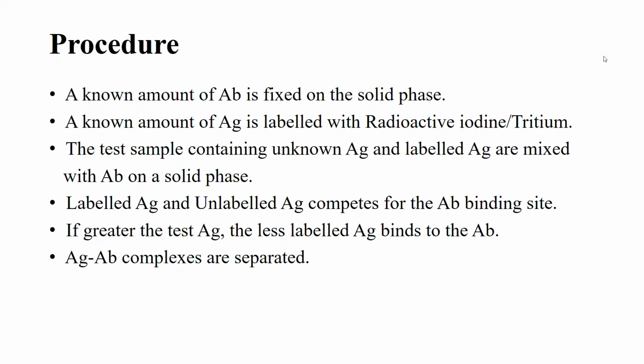Along with that, we also use charcoal, cellulose, chromatography, or a solid phase technique for the separation of antigen and antibody complexes, because that will help to form a standard curve which has an increasing concentration of unlabeled antigen to a fixed quantity of labeled antigen and antibody complexes, and the presence and the amount of antigen in an unknown sample can be calculated from this curve.